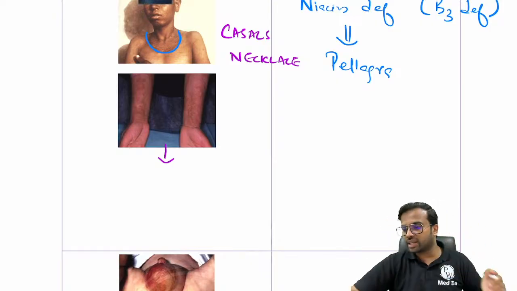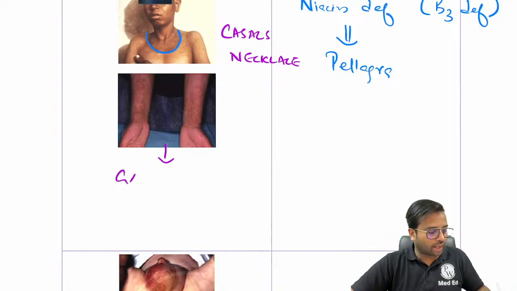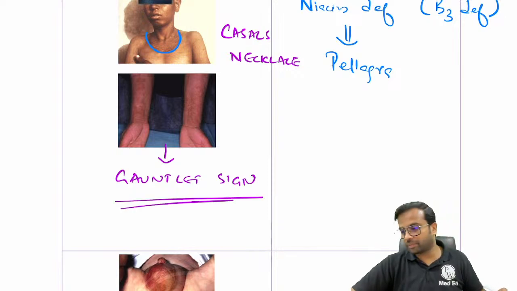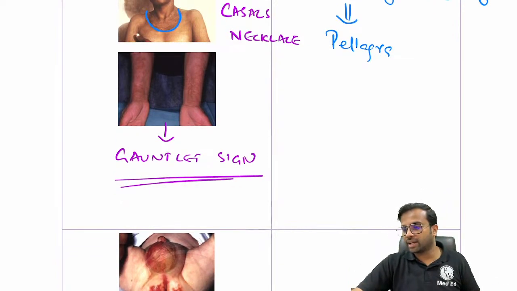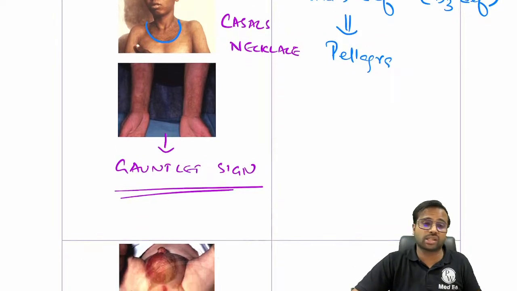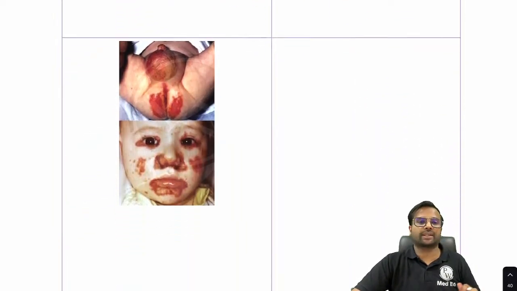Any idea what is the name of that thing? This is called as gauntlet sign, also seen in pellagra. It is called as gauntlet sign. And whoever is answering the 4Ds like diarrhea, dermatitis, dementia, death, that's all correct.